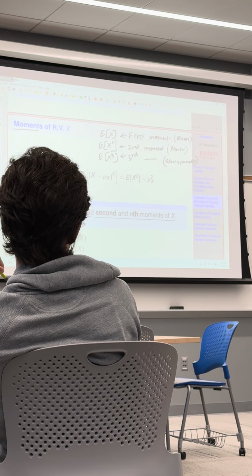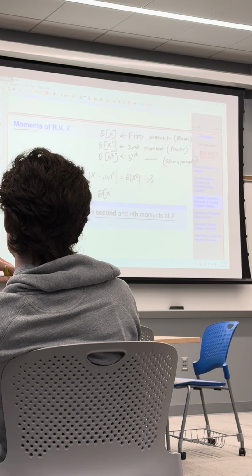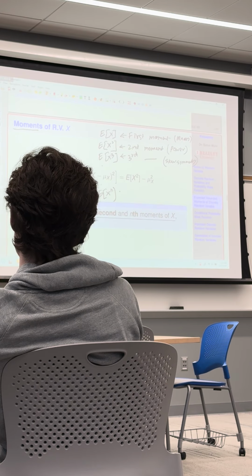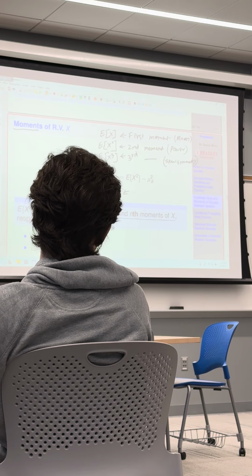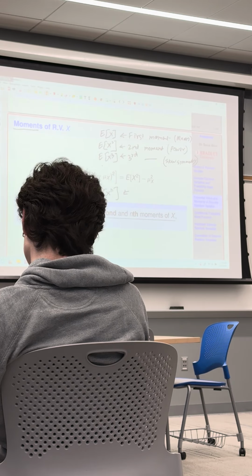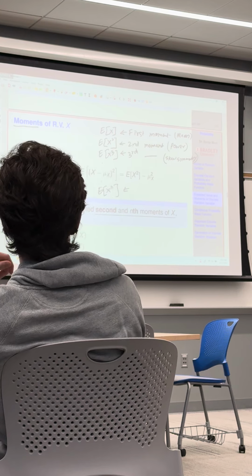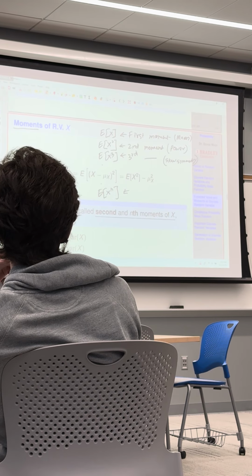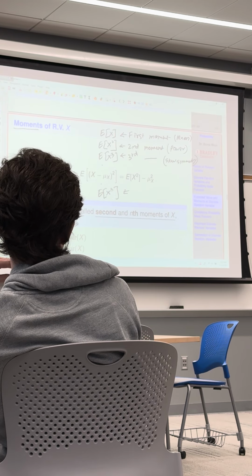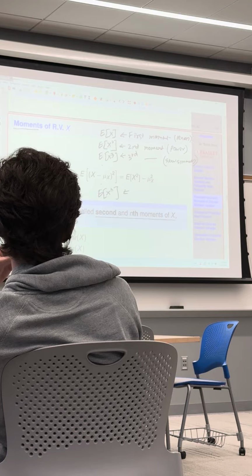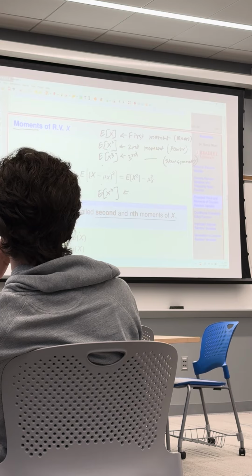So each has a name, and so on, all the way to the expectation of x to the n, which is called the nth moment. The expectation of x squared and the expectation of x to the n are called the second and nth moments of x respectively.